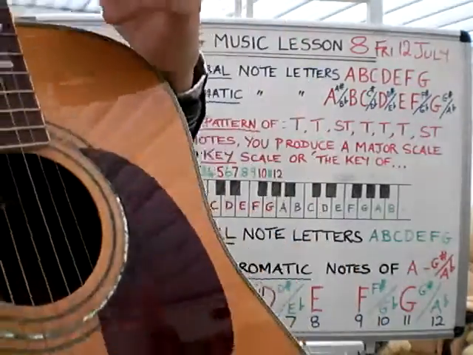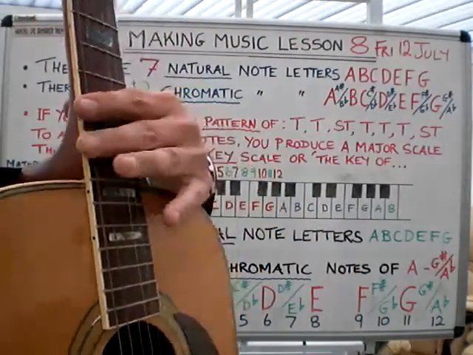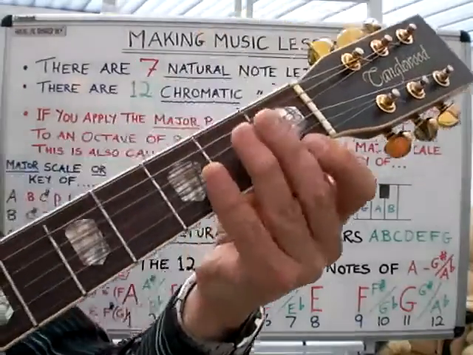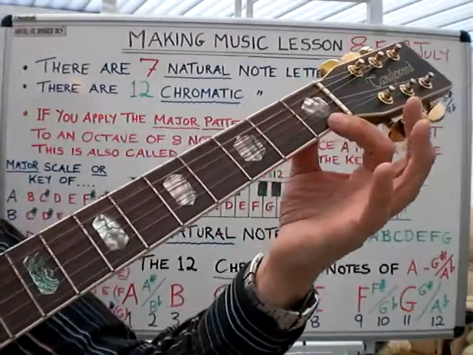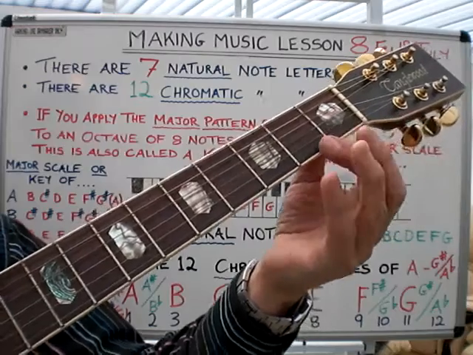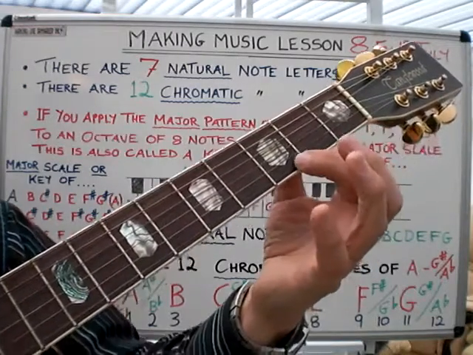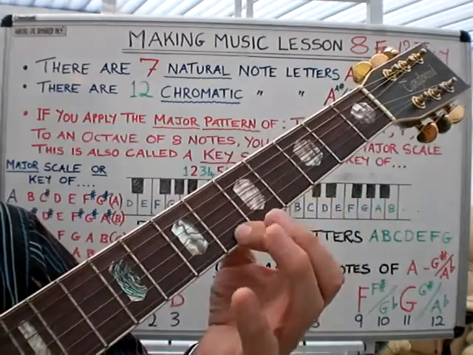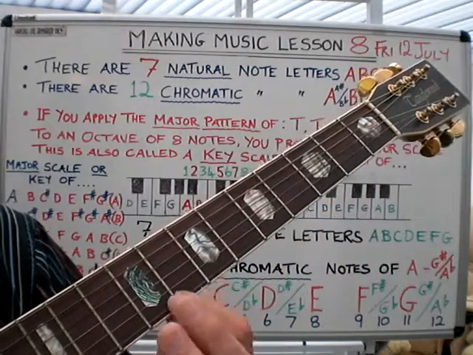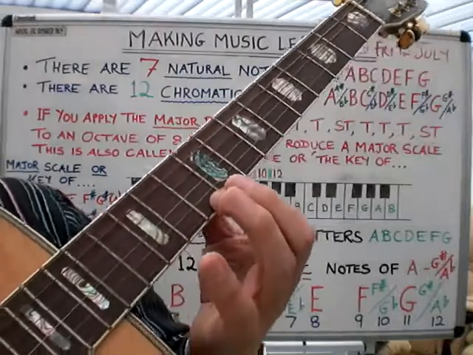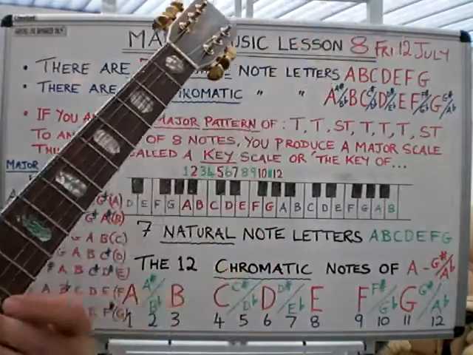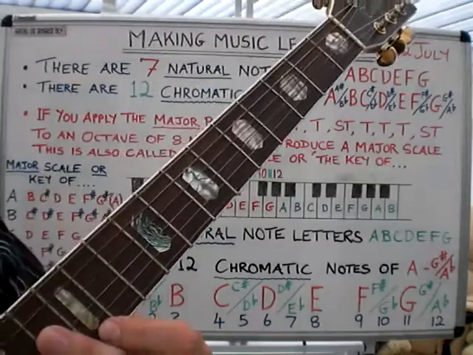It's exactly halfway across here. So I'm going to count up and it's 12 positions. Let's pluck there. 1, 2, 3, 4, 5, 6, 7, 8, 9, 10, 11, 12. That's like the chromatic scale. Okay?